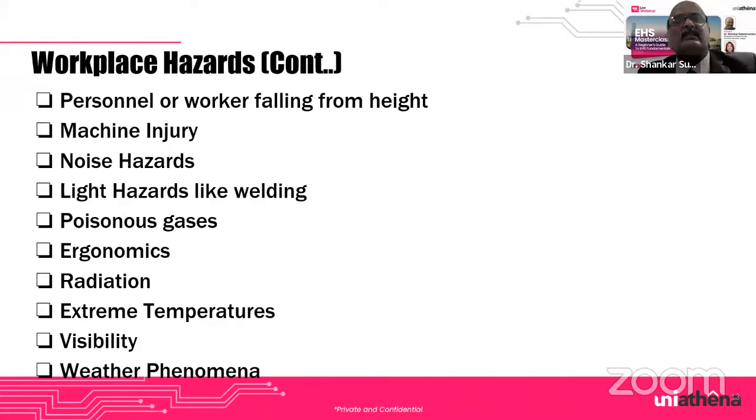Workplace hazards: workers falling from height is seen a lot, even at big places. You may have seen the instance reported in the paper that at the Burj Khalifa some 30 or 35 workers have fallen from height and led to a lot of mishaps.